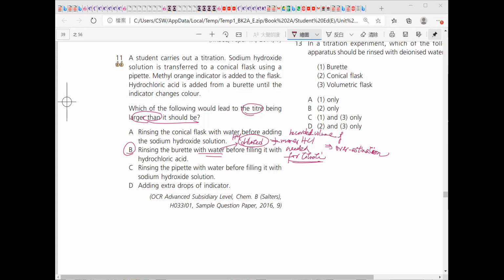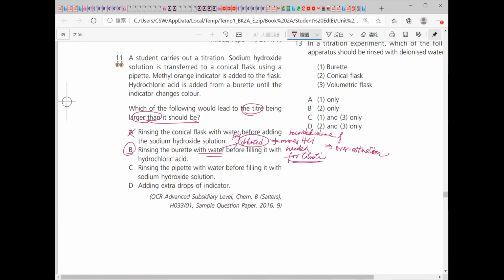But the one to contain the final solution is the conical flask with more water there. Would it affect? It should have no effect. Yes, that's right. The answer is no effect. For part A, no effect on the volume of titer. So remember the logic is not just overestimation or underestimation. It can be no effect.